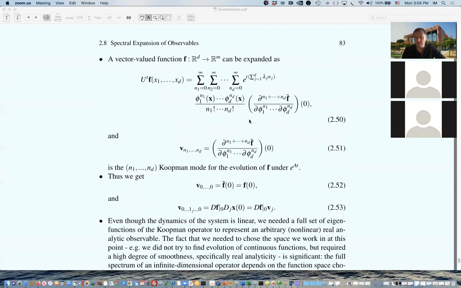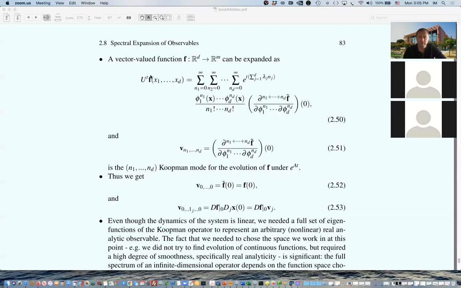In the previous case, we had a scalar function, so a Koopman mode would be itself just a scalar. But if we have a vector valued function f from R^d to R^m, so for example, in a physical situation, this could be a velocity field of a fluid evaluated at each point. You have many observables that are associated with various physical points in the field.